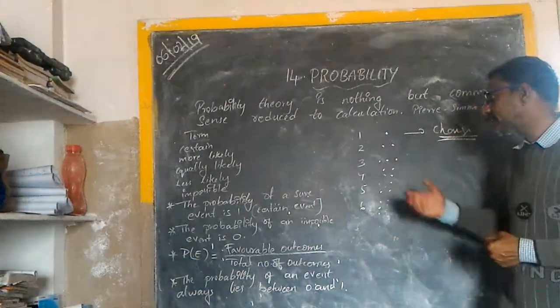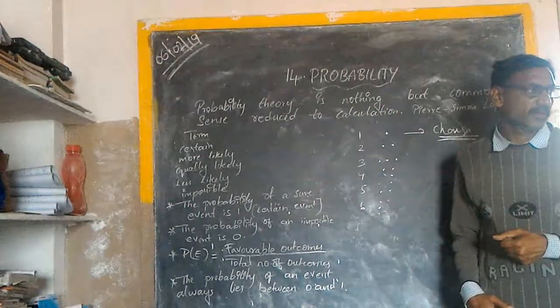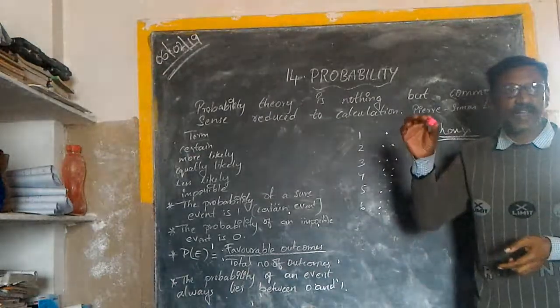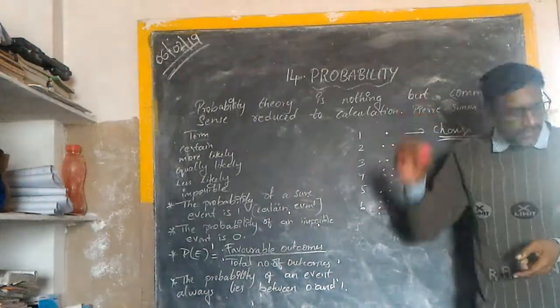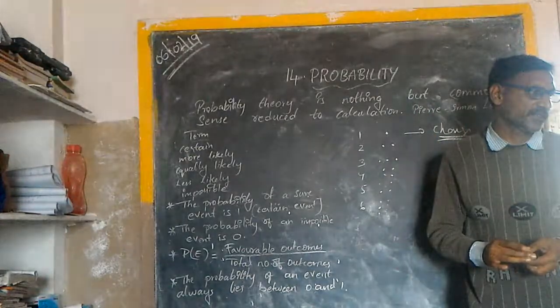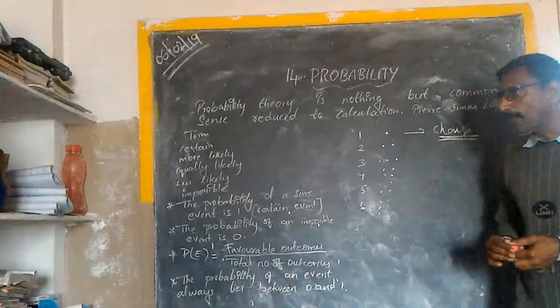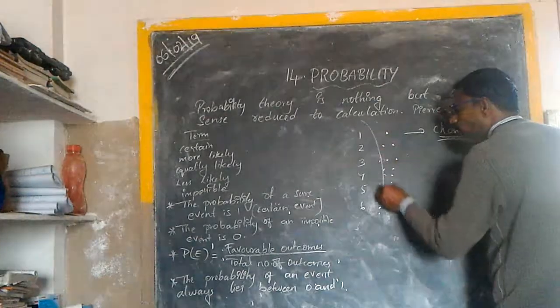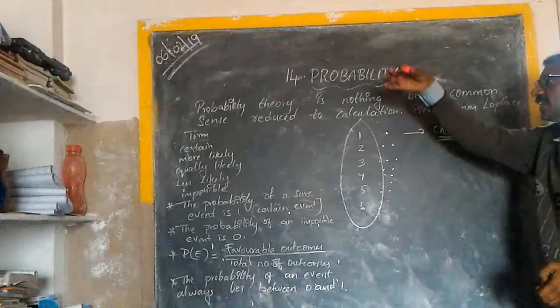So this is an experiment. We can say that a die consisting of 6 numbers has equally likely chances. Isn't it?